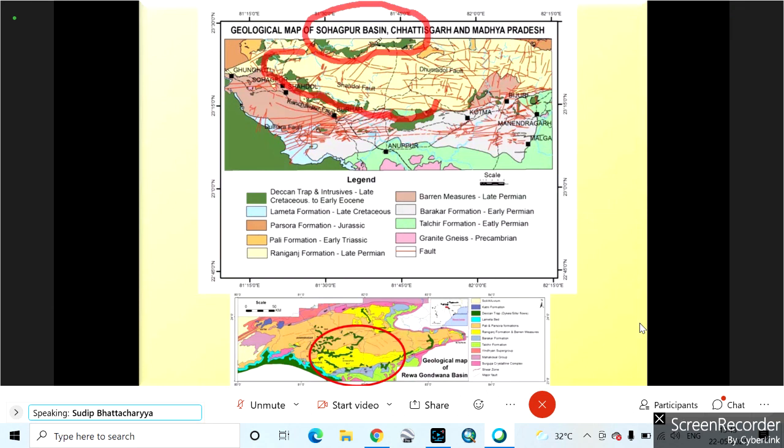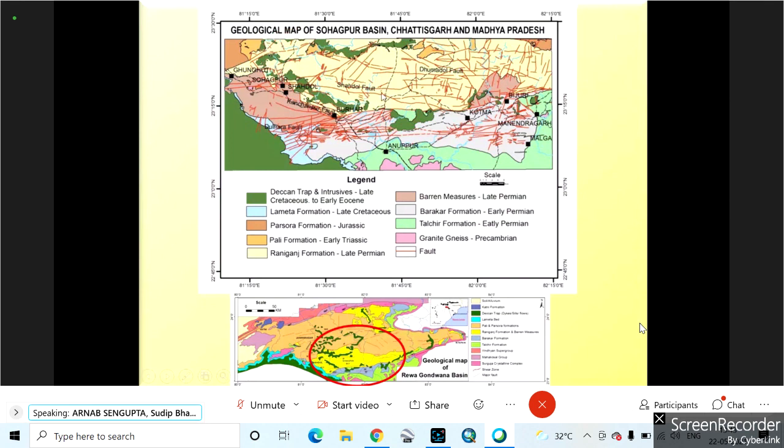Another is like that. I have not shown the upper one, just the lower one. It is the ring dike system. Can you see? Yes, sir. So these dikes are ring dikes.